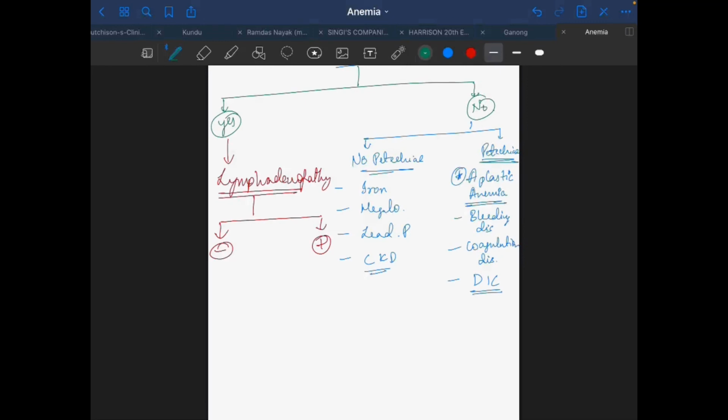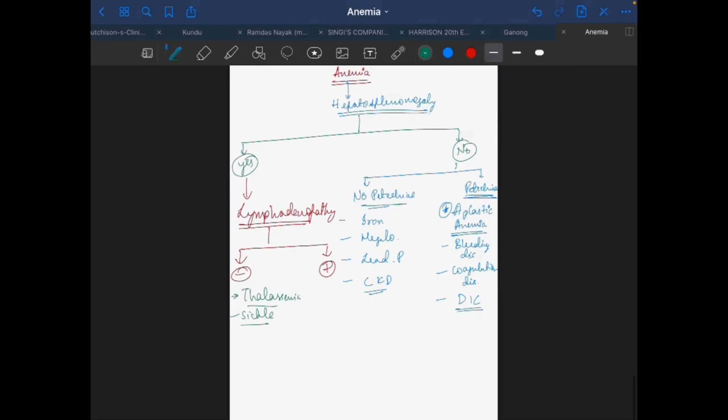Then it is generally a case of thalassemia, that is, hemoglobinopathy disease, thalassemia or sickle cell anemia. All these are hemoglobinopathies. Here there will be increased destruction of the RBCs leading to hepatosplenomegaly, but there will be absence of lymphadenopathy.